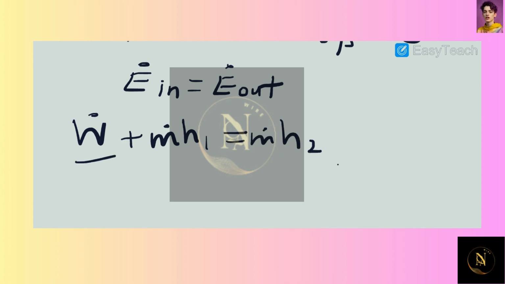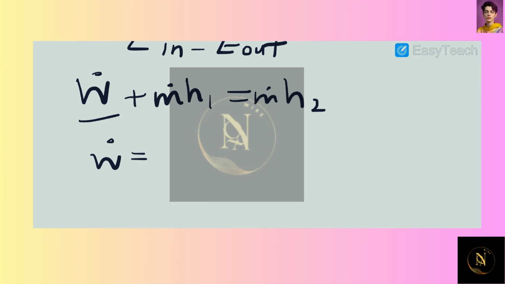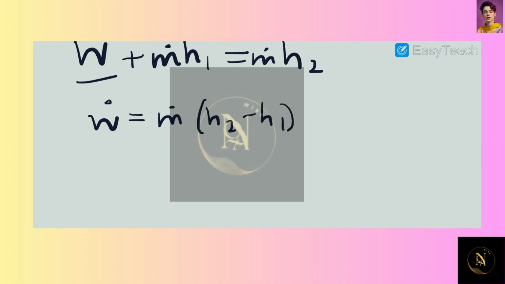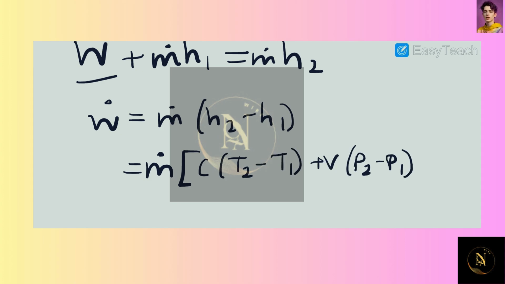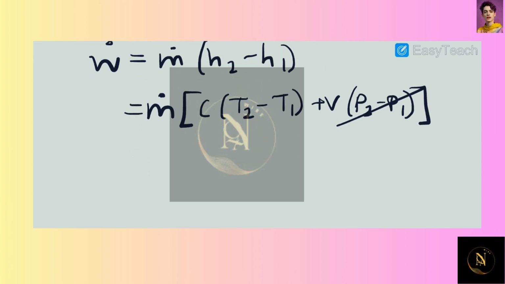Now we can isolate this work and say that work is equal to m dot (h2 minus h1), and by using the definition of the pressure and temperatures, we can say that this is going to be equal to m dot C (T2 minus T1) plus V (P2 minus P1). However, this term will be equal to 0 because we're assuming we're operating at constant pressure. So this reduces down to m dot C (T2 minus T1).